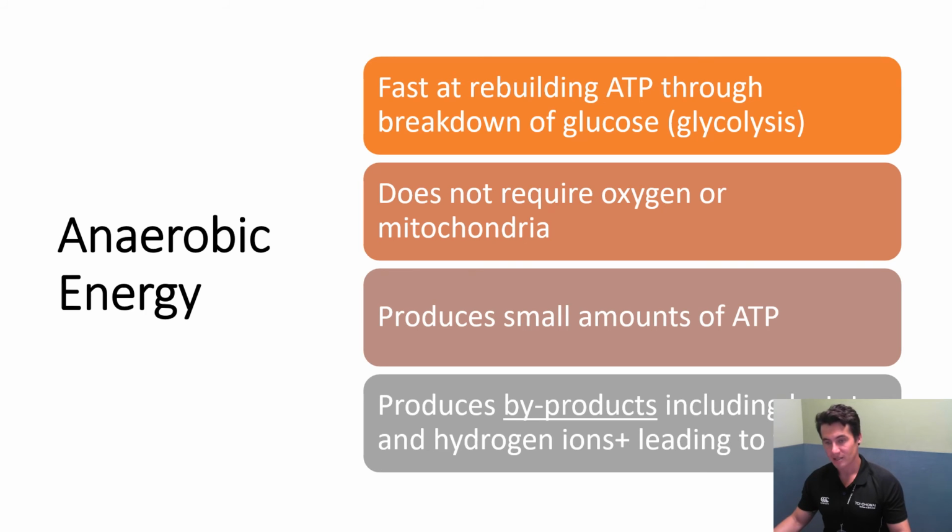So when glucose is split to regenerate ATP, it produces byproducts that, if you don't have oxygen available, will build up in the system and lead to fatigue. That process is called fermentation. So you have this acidic environment building up in your muscles, which stops you from functioning.